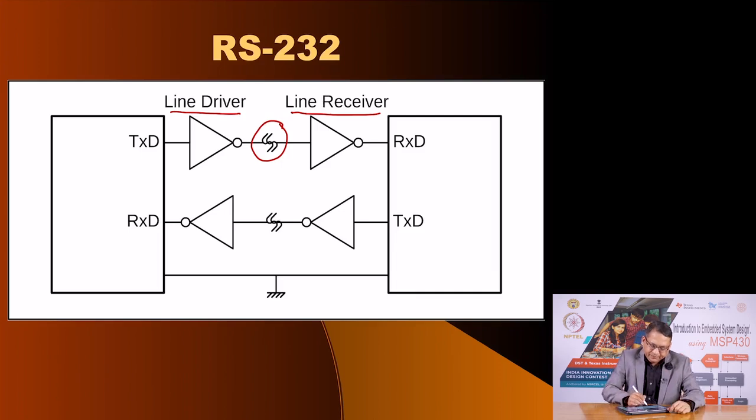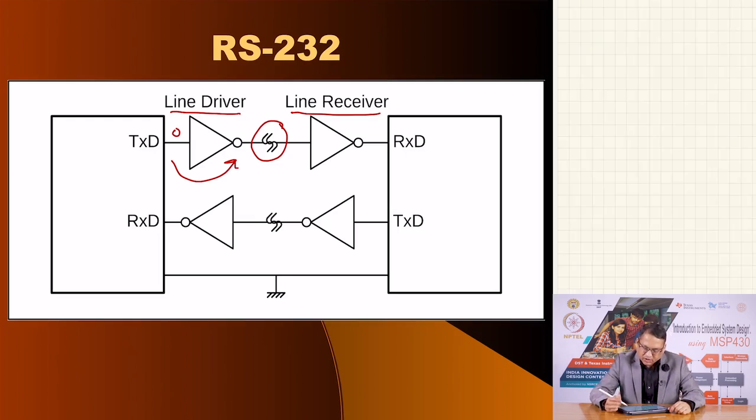As you see here, this line driver also inverts the logic, that is if you send 0 here the value will be inverted. But the voltage levels at which the RS232 line drivers work, they operate as follows.